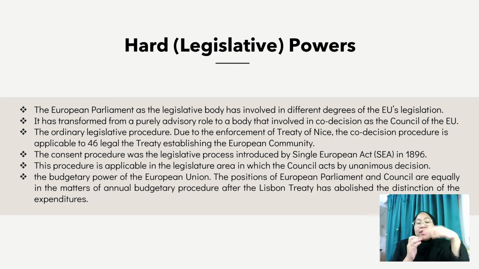This procedure is applicable in legislative areas in which the Council acts by unanimous decision. On the budgetary power of the European Union, the positions of the European Parliament and Council are equal in the annual budgetary procedure after the Lisbon Treaty abolished the distinction of expenditure.